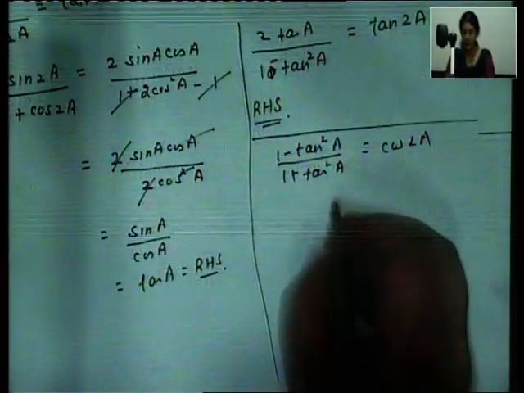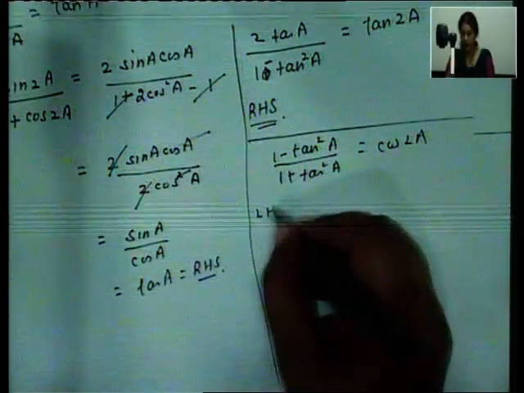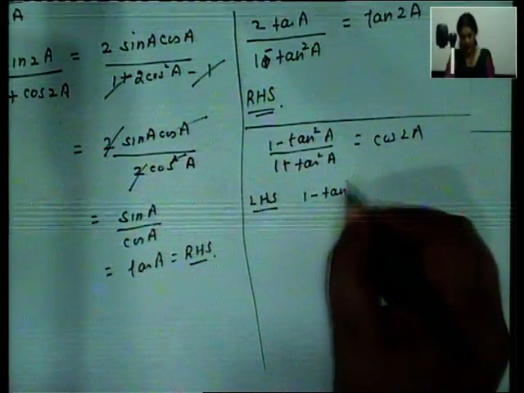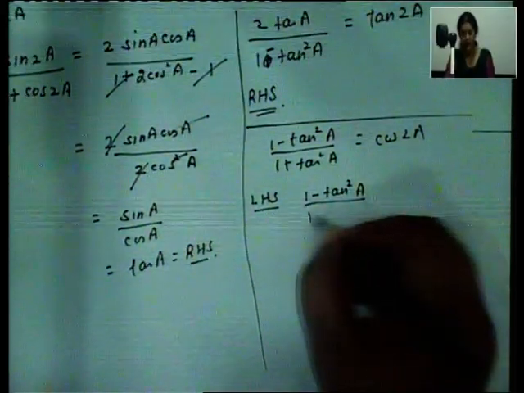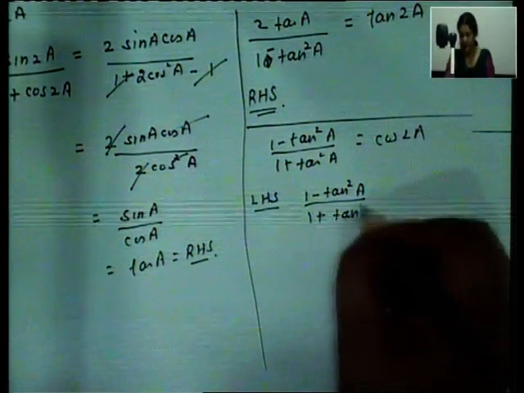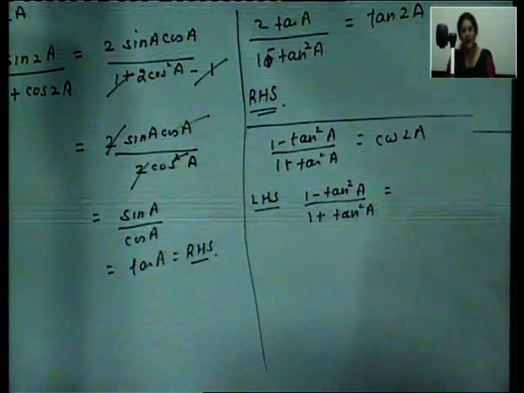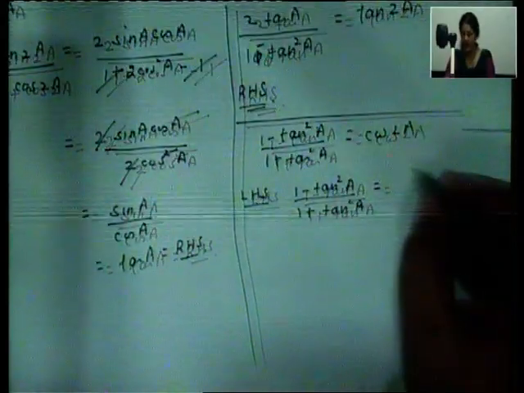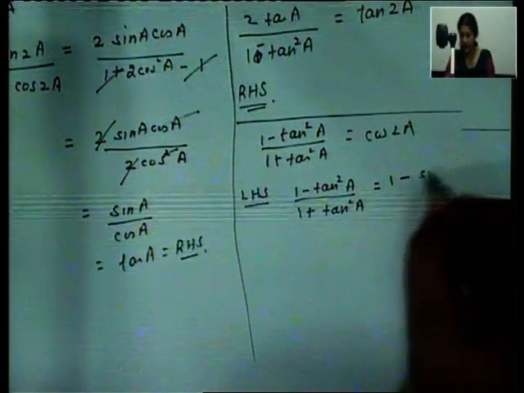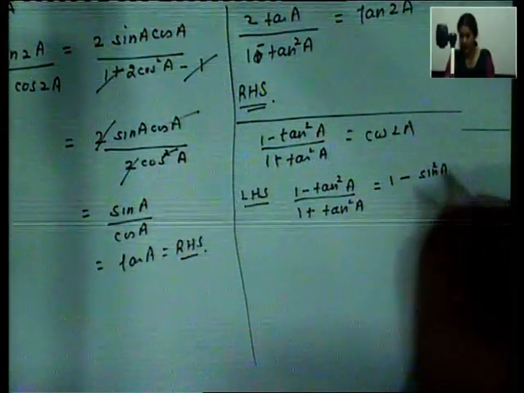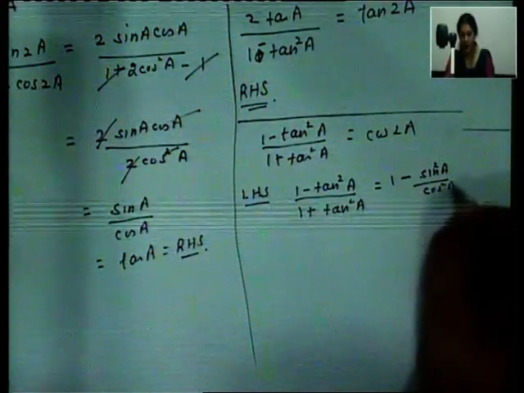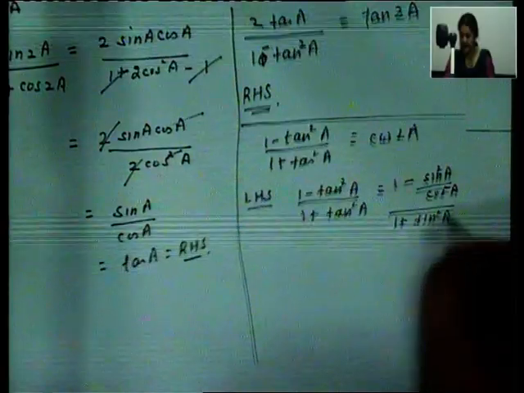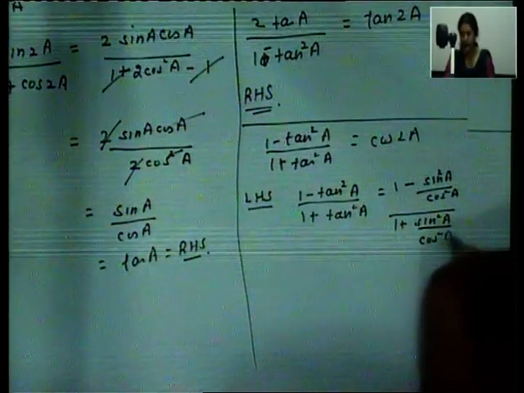So in this also I will first solve the left hand side. The left hand side is 1 minus tan square a upon 1 plus tan square a. Now we know that tan a is sin a upon cos a. So I will write this as 1 minus sin square a upon cos square a, upon 1 plus sin square a upon cos square a.